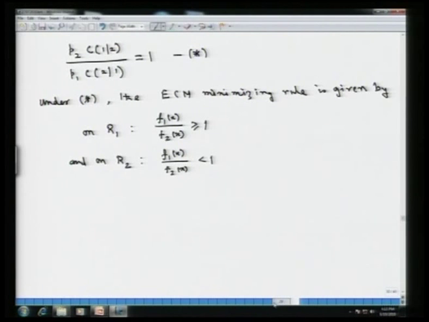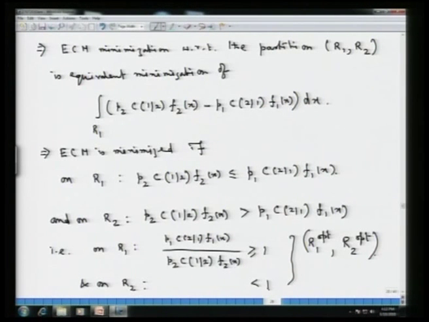From where does it come? It comes straight away from the ECM minimizing rule that we have obtained out here.